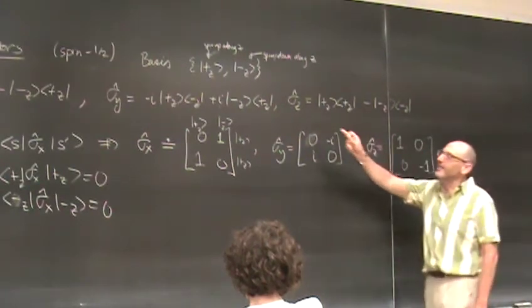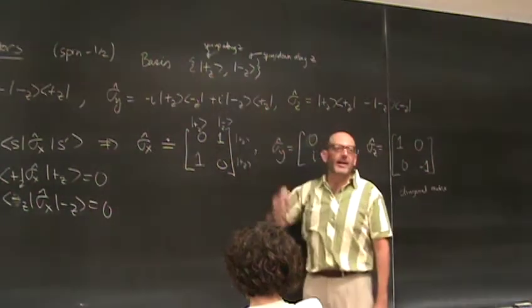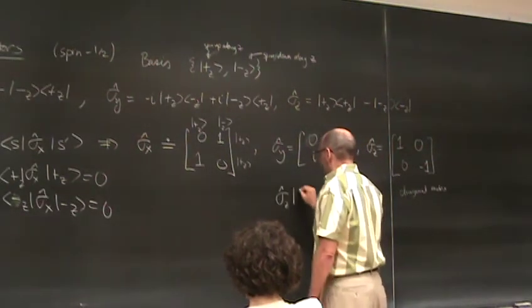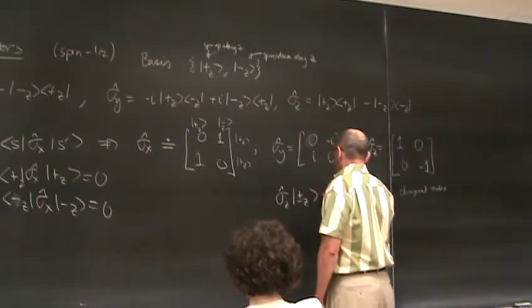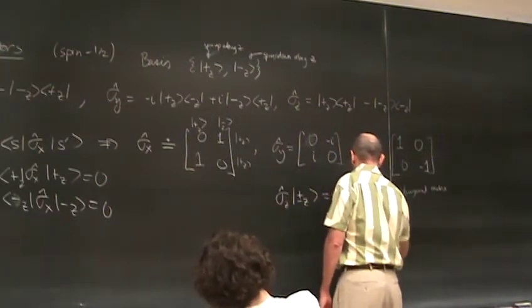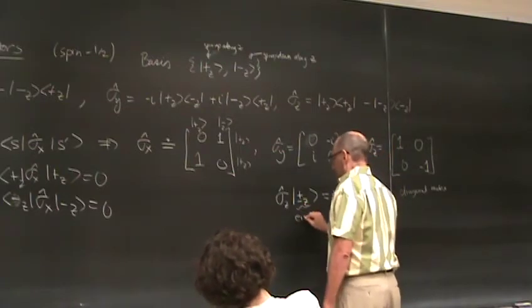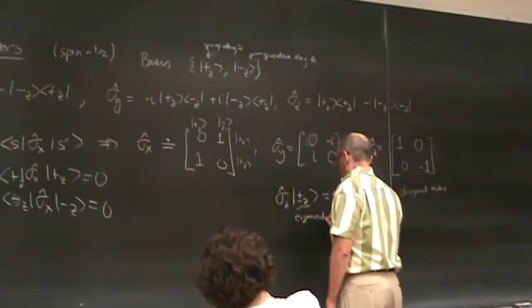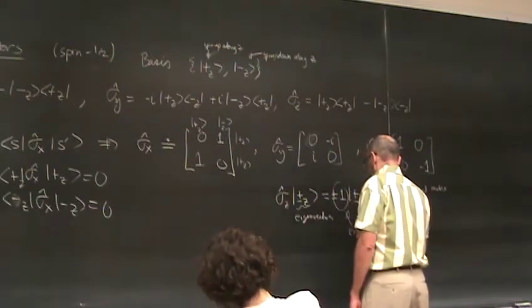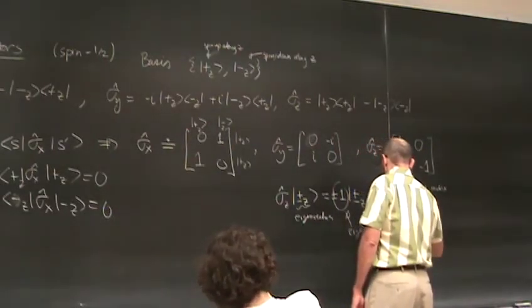That's why I'm calling these things plus and minus, because sigma z acting on plus and minus z is plus and minus 1 times that. These are eigenvectors, and these are the eigenvalues of that operator.